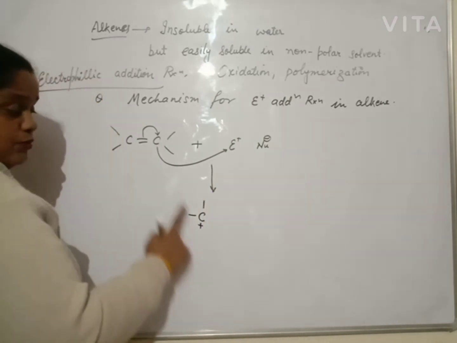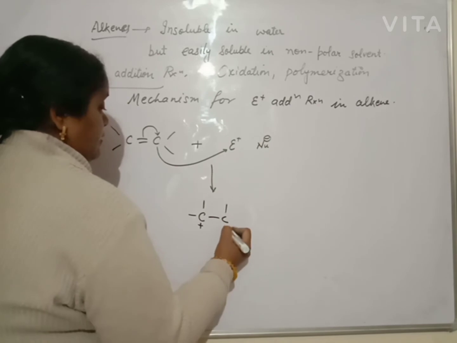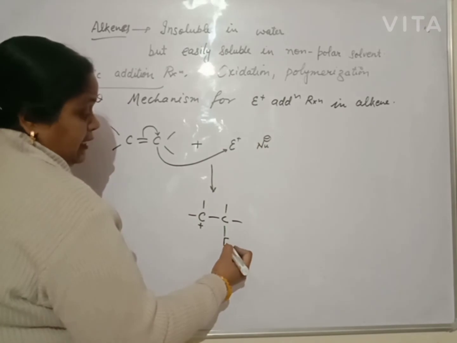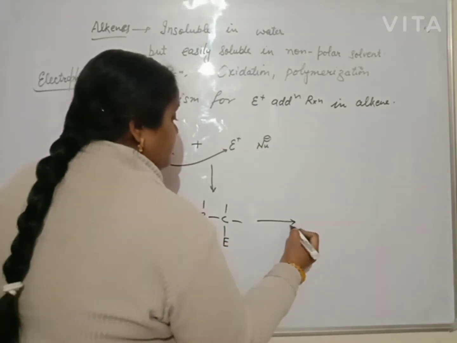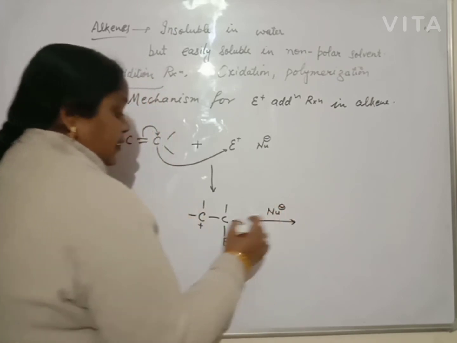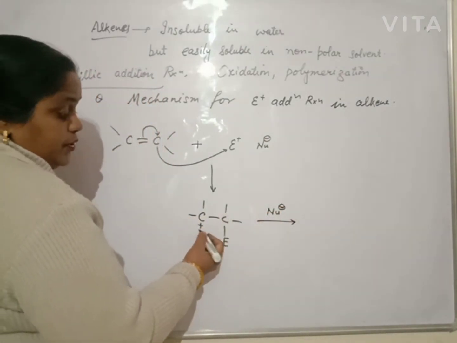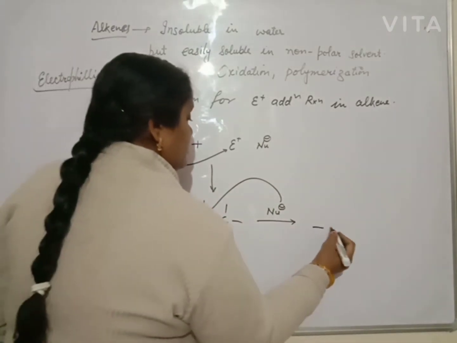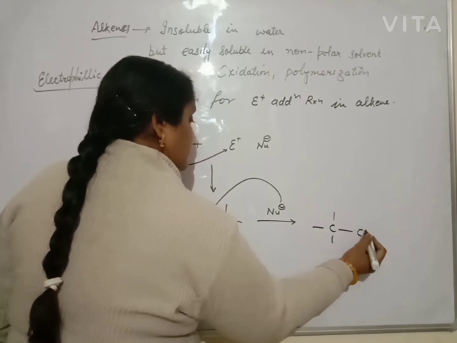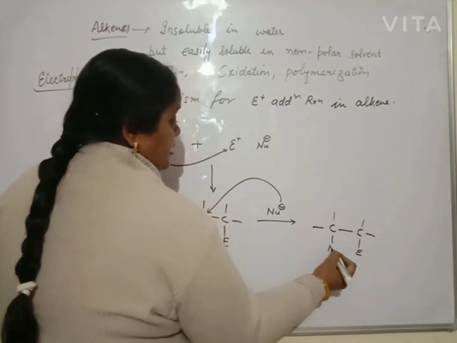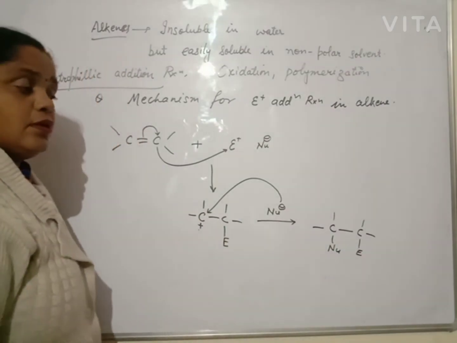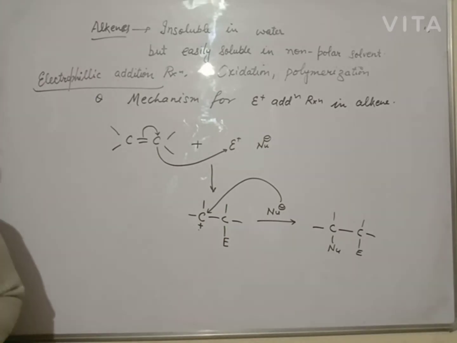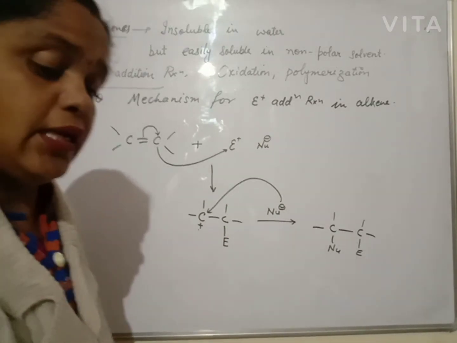This carbon loses the electrons, so carries positive charge, and the electrophile comes here. Now attack of nucleophile: this positively charged carbon is attacked by nucleophile after the addition of electrophile, then we get addition reaction. Electrophile attacks first, then nucleophile, and we have electrophilic addition reaction. This is the mechanism for electrophilic addition reaction for alkene.